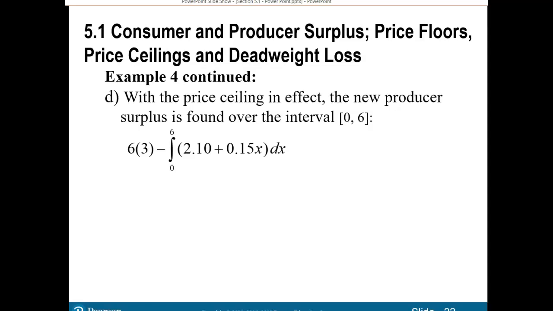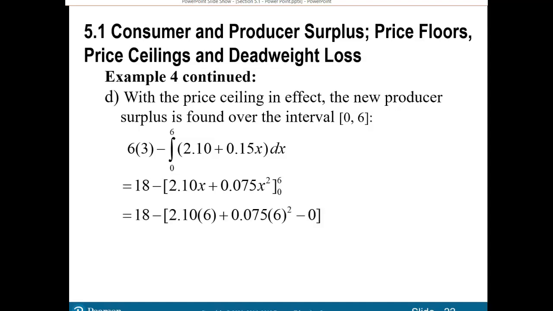So 6 times 3 was the product of the two components of that ordered pair we just found, and we integrate from 0 to 6 of the supply function. So 18 minus the definite integral, evaluated between 0 and 6, gives me $2.70.